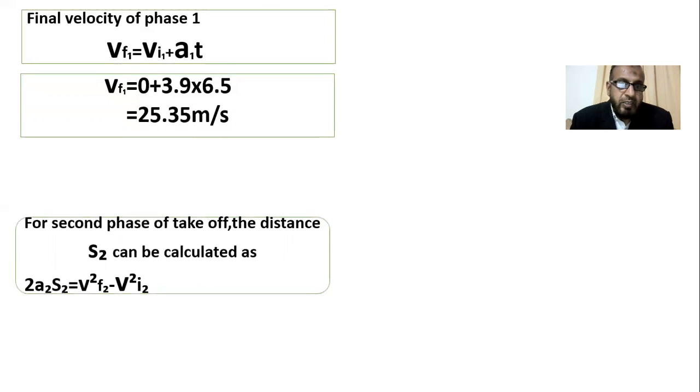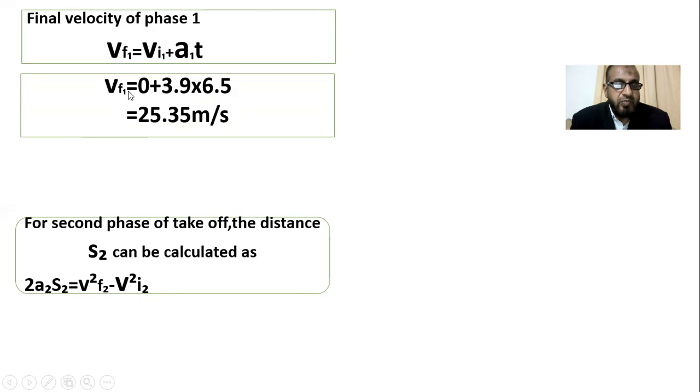Now, for the second phase of takeoff, the distance S2 can be calculated by using this equation of motion. Now, A2 is also given for the second phase. Distance S2 will be found by us. Vf2 is basically equal to the final velocity of the first phase, that is Vf1.